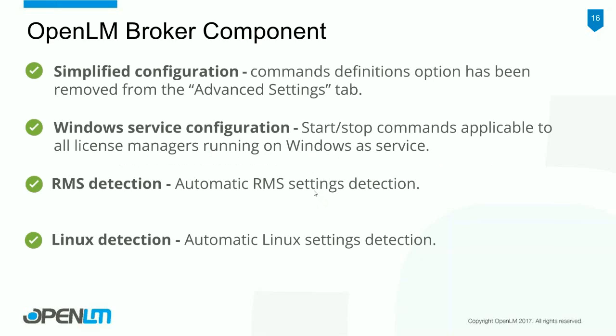So first of all, we wanted to simplify all the configuration and detection regarding the broker and the OpenLM server, but mainly we want to get the configuration much easier.